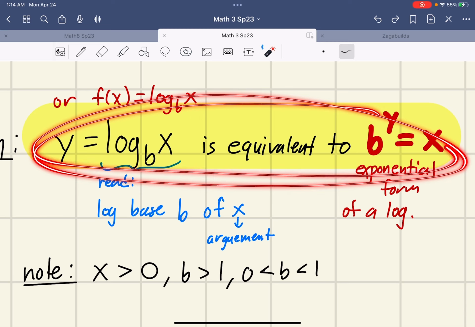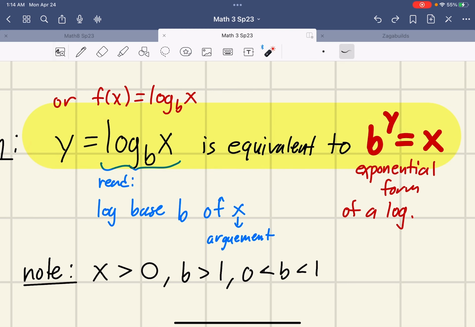This is single-handedly the most important, which says how you treat a logarithm. You have to rewrite it into an exponential form. So keep that in mind, and I'll create another video talking about the different properties that logarithms have.